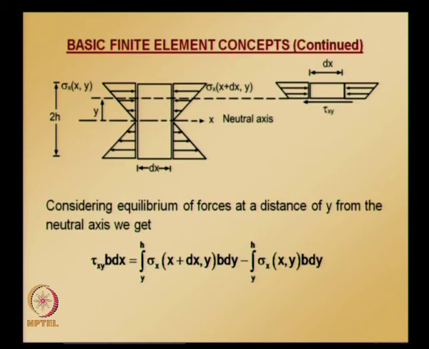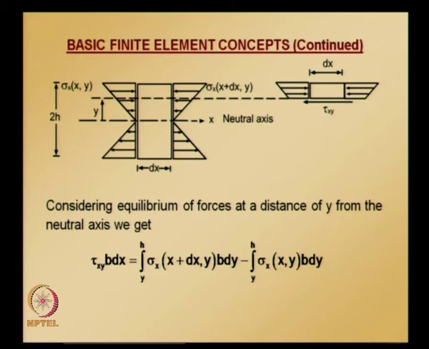Shear stress is denoted with tau xy, b is the width of the beam, and dx is the infinitesimal element length we are considering. So tau xy times b times dx gives the shear force, and that shear force we are going to equate to the unbalanced normal force.